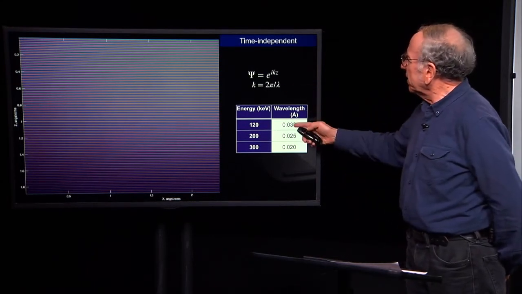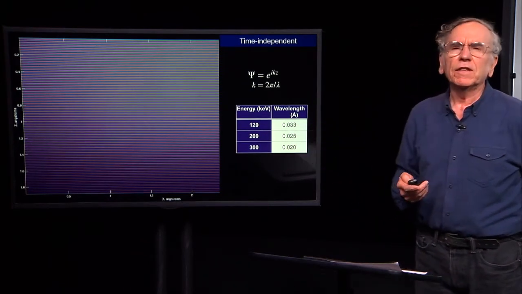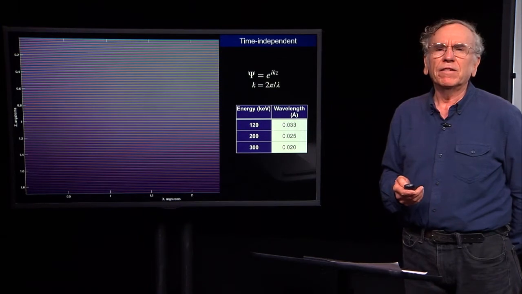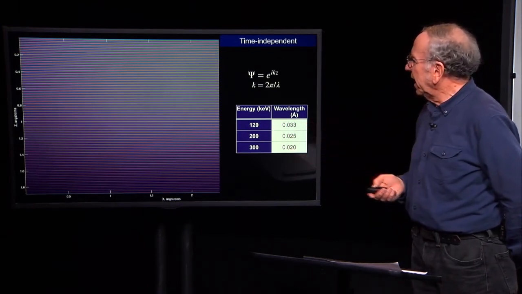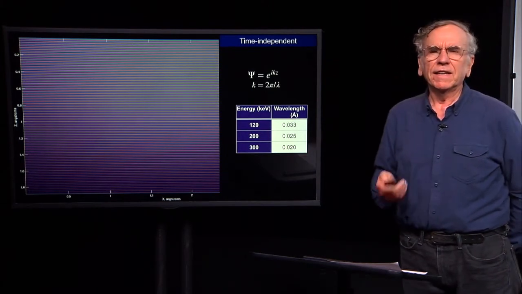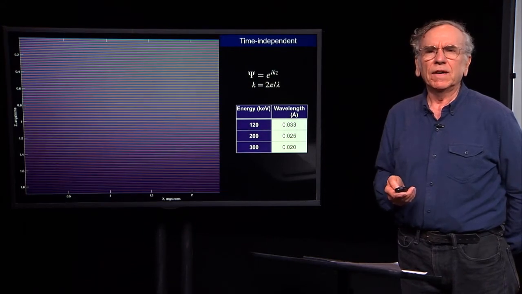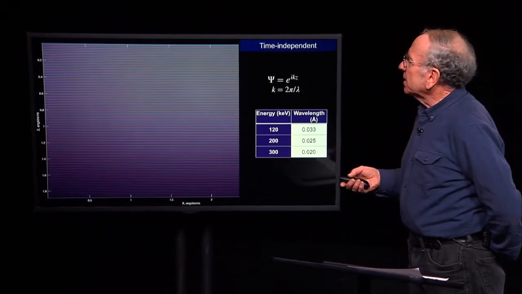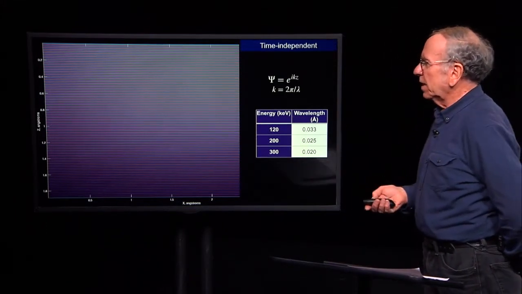The electron wavelengths are really quite small, and here are the 3 most popular voltages for CryoEM microscopes: 120, 200, and 300 kV. We'll be talking about 300 kV electrons today, which have about a 50th of an angstrom wavelength. So this is what the time-independent electron wave function looks like.